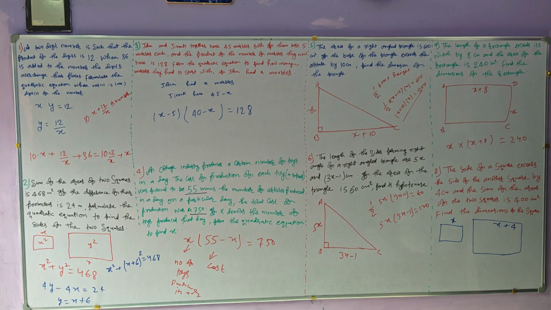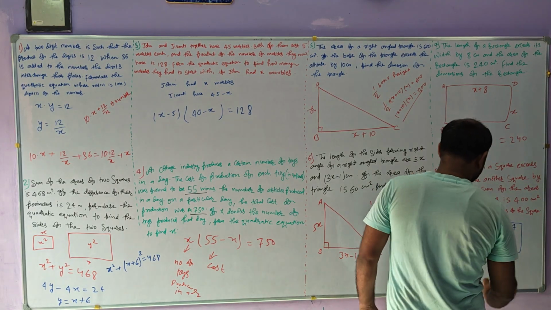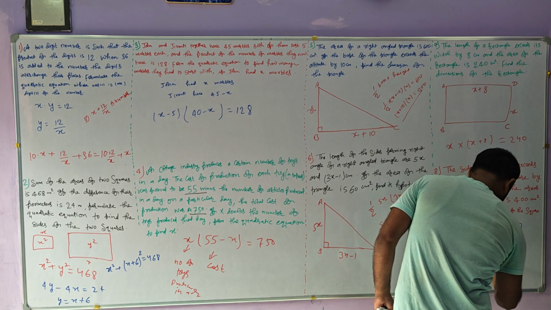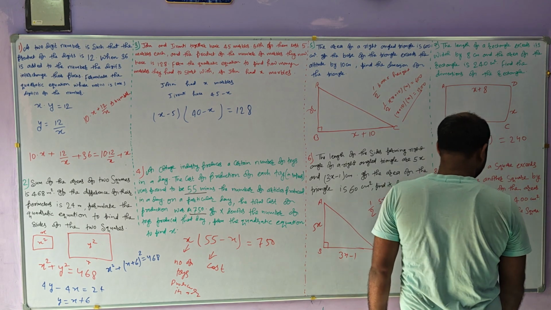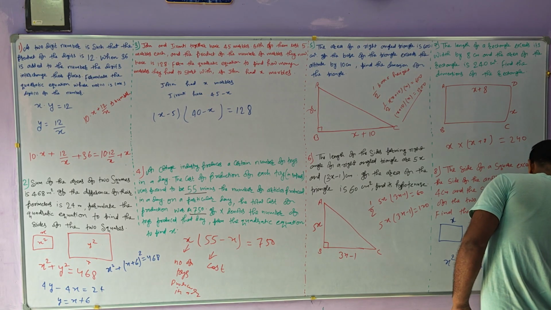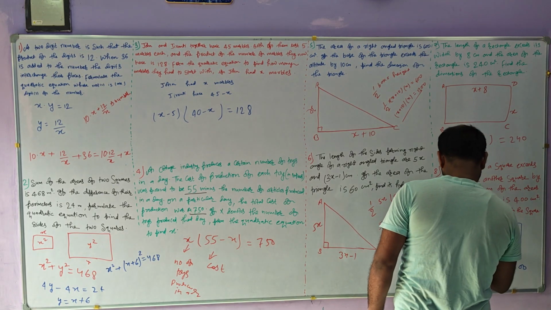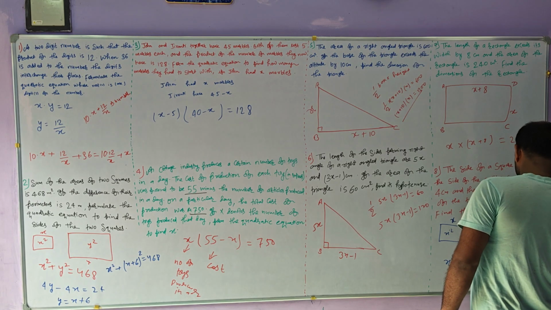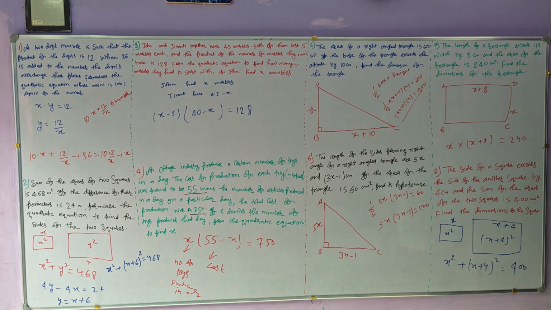The sum of the areas of the two squares is 400 square centimeters. That means x square plus (x plus 4) square becomes 400. Its area becomes x square and the other's area becomes (x plus 4) square, side into side.